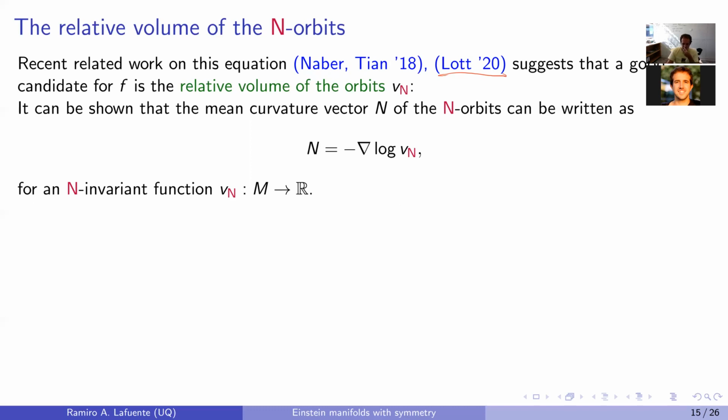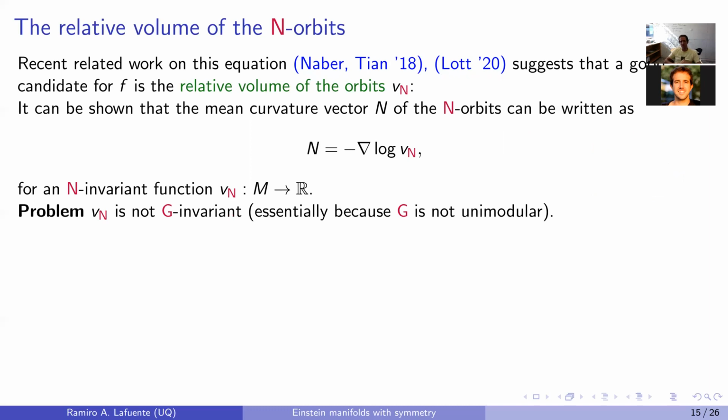I mean, this sounds very mysterious, but one can take a vertical left invariant frame, look at the metric coefficients g_ij in this frame, and then consider V_N to be essentially the determinant of g_ij. Perhaps there's a 1/2, I don't remember, but one can compute it explicitly. So it's easy to see that this is an N invariant function and that its gradient is related to the mean curvature vector. Now, the problem with this relative volume is that it is not G invariant.